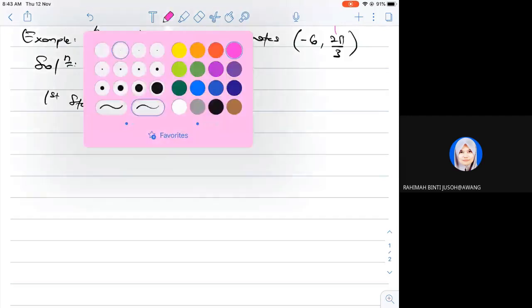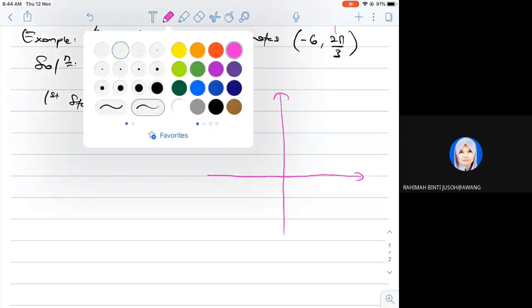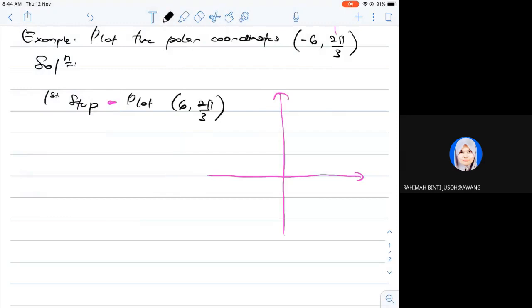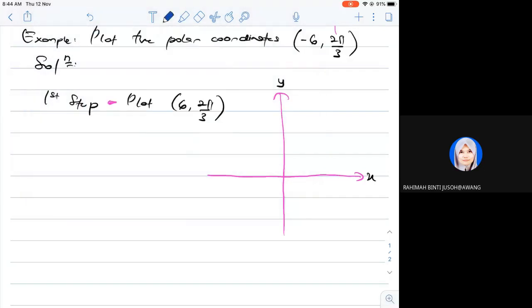So let us plot the coordinate. We have x-axis and y-axis, of course. Always bear in mind, on the x-axis, we have angle equal to 0, and here our theta should be equal to pi over 2 or 90 degrees.